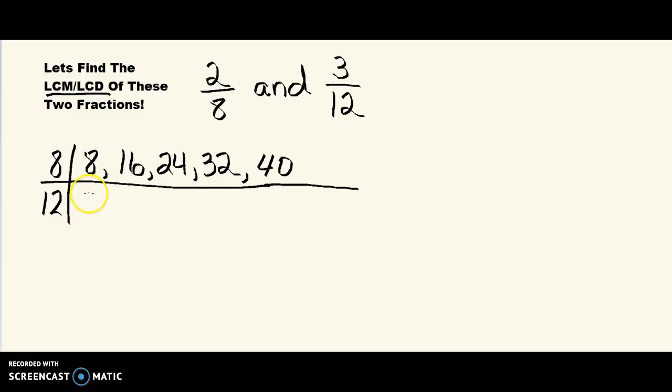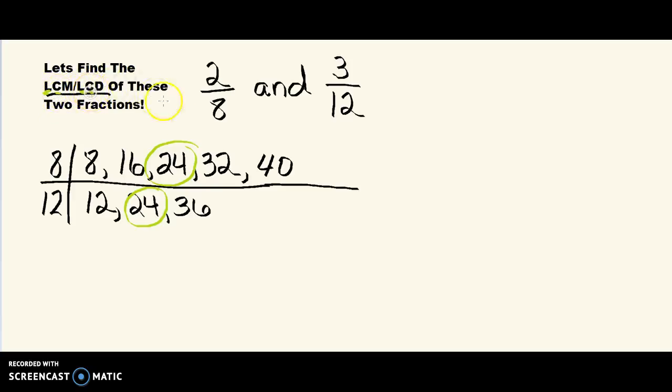Now let's start with 12. I know 12 times 1 is 12. Another 12 is 24. Another 12 is 36. Oh, I'm already seeing one that's showing up. It's actually here: 24. I'm looking at 24 because it's my least one, and it's also my common one.